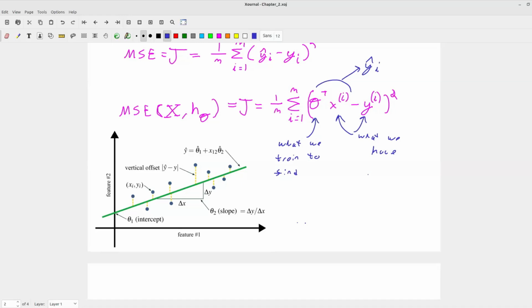We can see our model here, which is the green line. The yellow line is our error. And then we have our linear model, y hat equals theta 1 plus x1 times theta 2. We'll talk more about those subscripts later. We have a vertical offset here, which is y hat minus y. That's our error, and that's what we are trying to minimize.